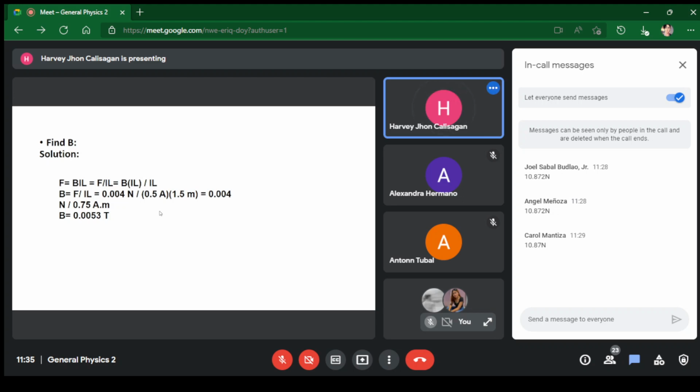Then we also have the length, so meter. Combining these, we have Newton meter per second squared per coulomb meter per second.